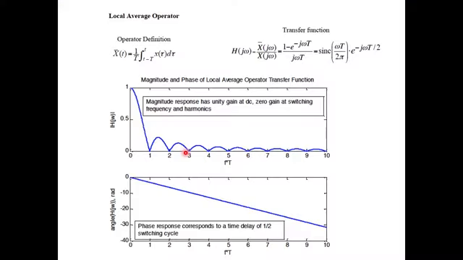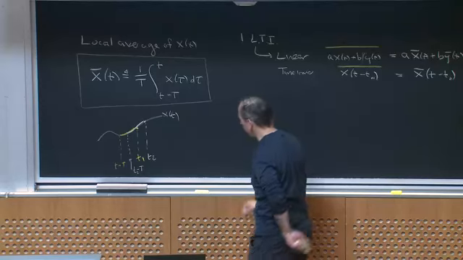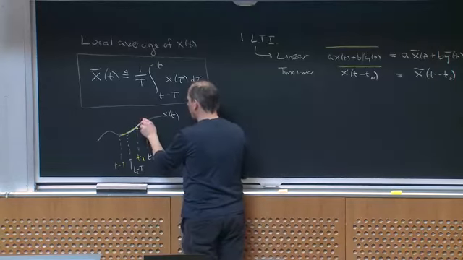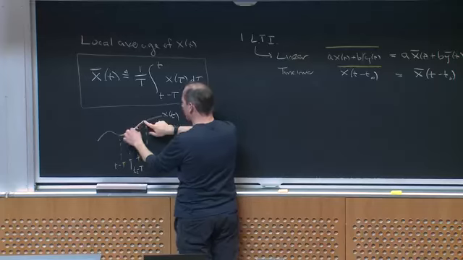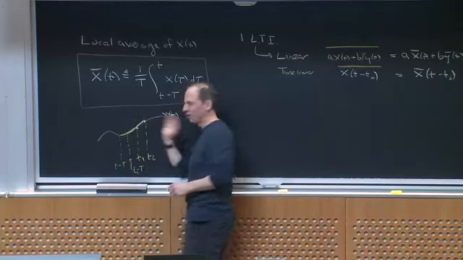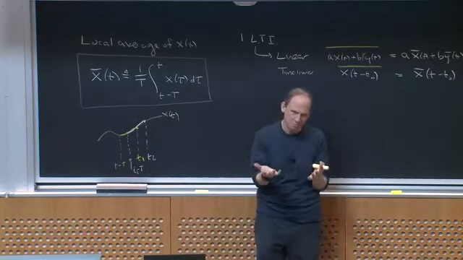You'll also notice that the phase of this thing is a linear phase response, basically a delay of half a cycle. Why? Because I'm really asking what's my signal over the last capital T, so on average I'm looking back half a T in duration.